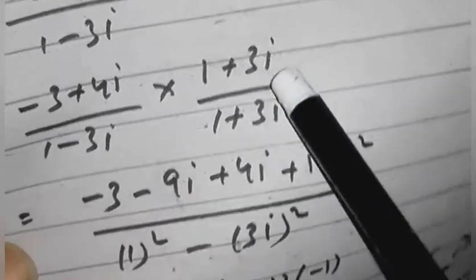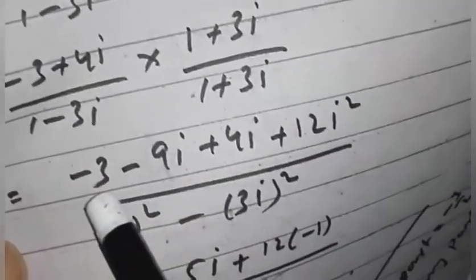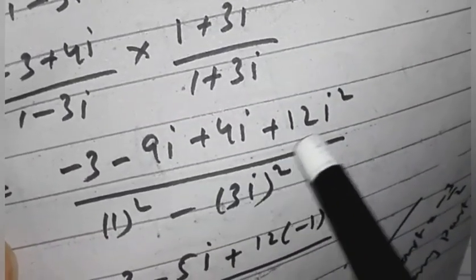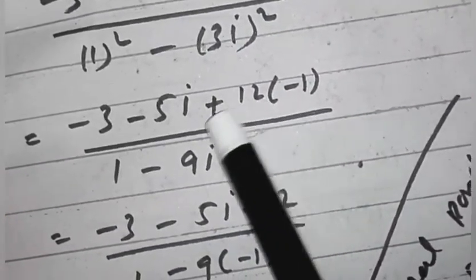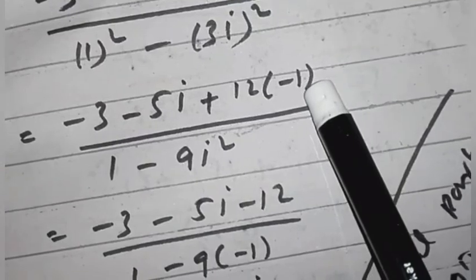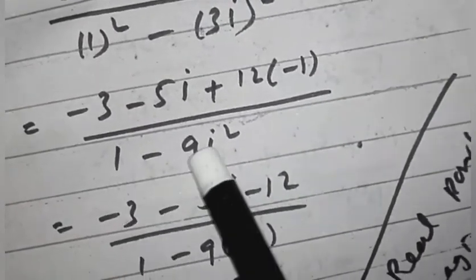Now multiply and divide by the conjugate of the denominator, which is 1 plus 3 iota. So when these two multiply, we get minus 3 minus 9 iota plus 4 iota plus 12 iota square divided by 1 square minus 3 iota whole square, which further we can write as minus 3 minus 5 iota plus 12 iota square, the value is minus 1, divided by 1 minus 9 iota square.